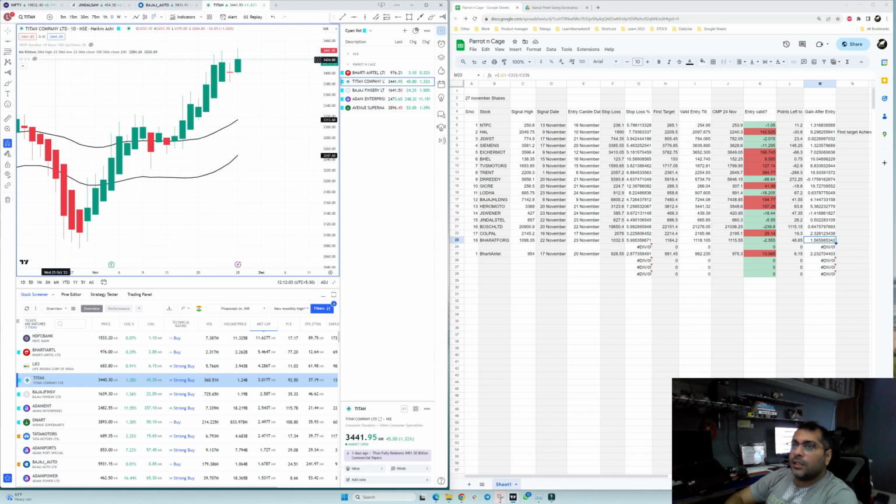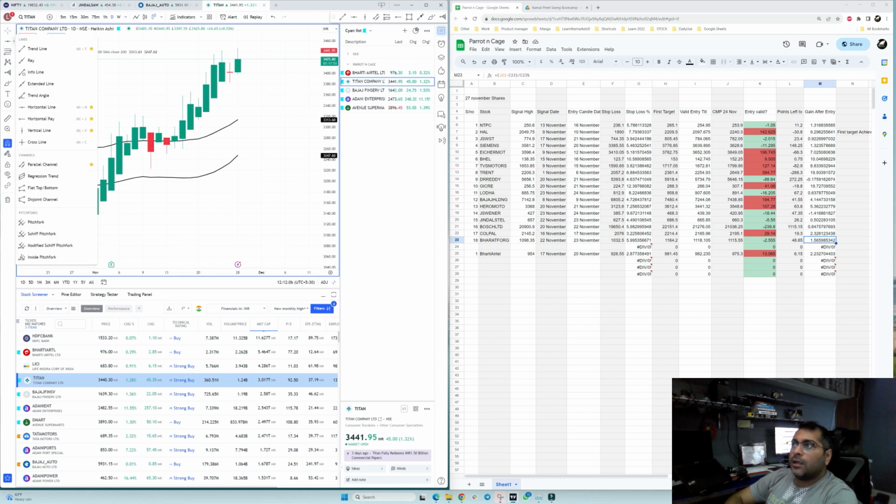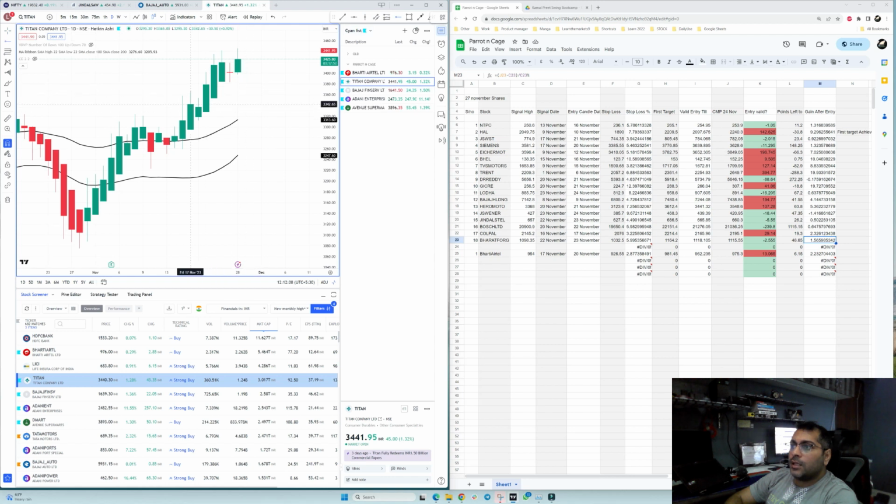That means this is our signal candle, and we will mark the high of the candle. Now the price broke on this candle, that means this is the entry candle, and this would be our stop loss over here.